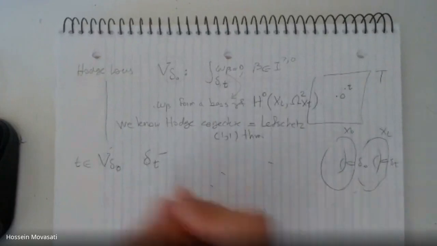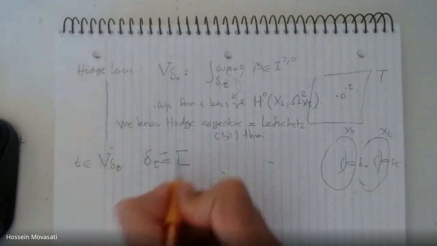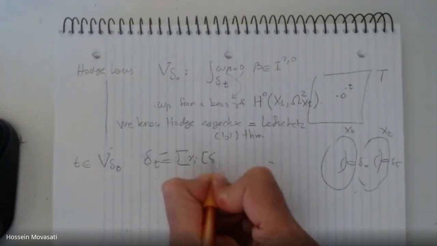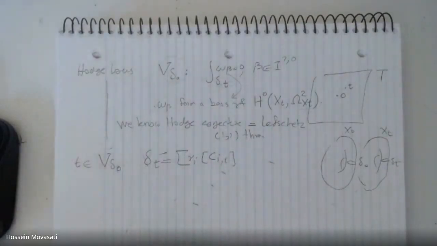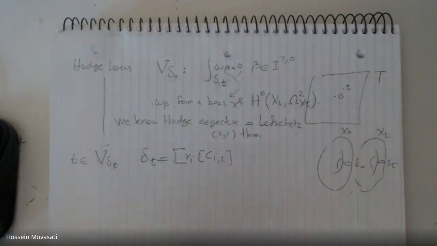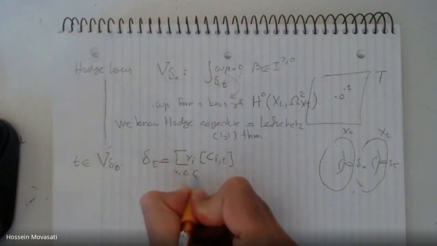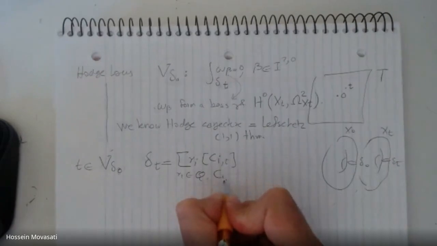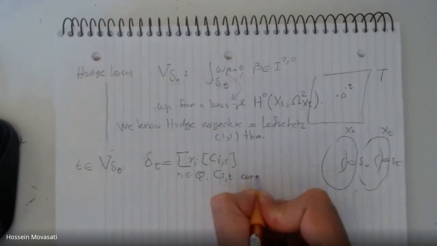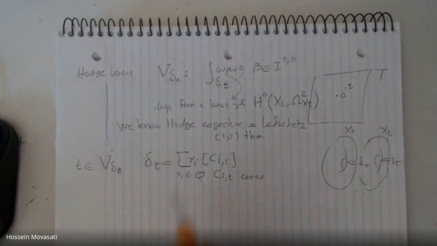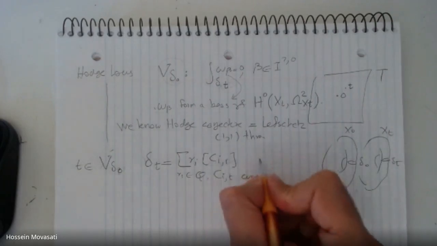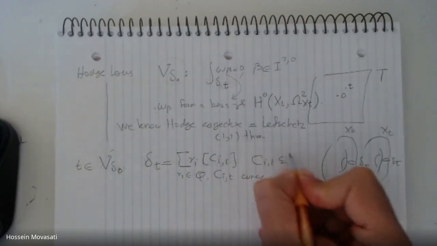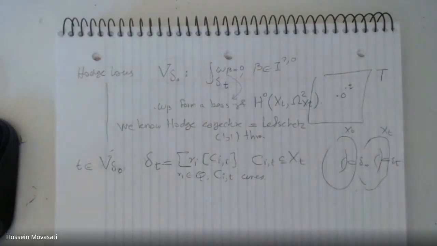By the Lefschetz 1-1 theorem, it is given by a combination of curves, with rational coefficients, the curves C_i,t. It turns out that we can immediately verify that these C_i,t are not complete intersections of xt with another surface.